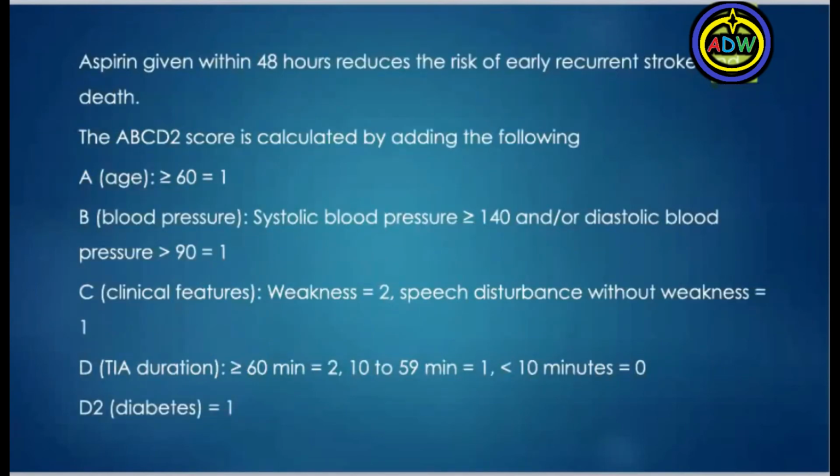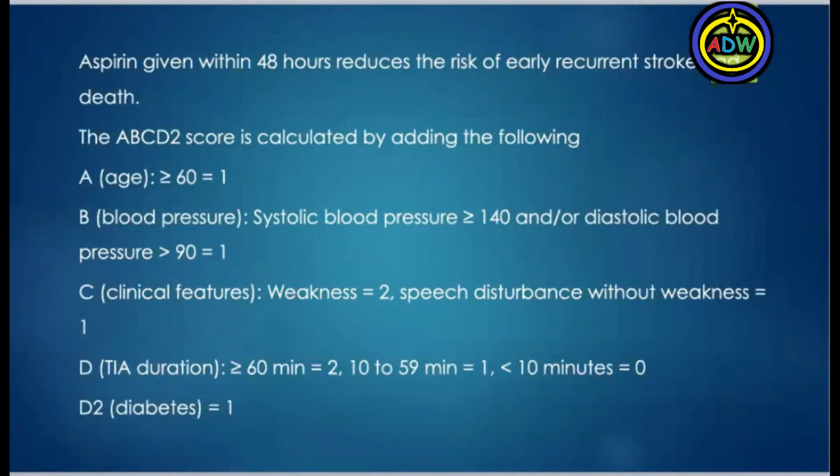Aspirin given within 48 hours reduces the risk of early recurrent stroke and death. As we know, stroke has a tendency to repeat. And of course, recurrent stroke is a very dangerous condition, because even if you save the patient's life, no one knows what will happen next time.